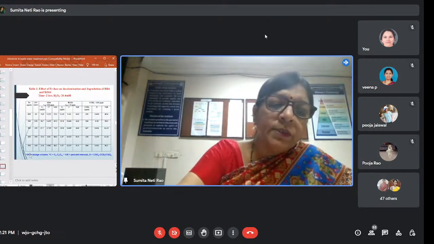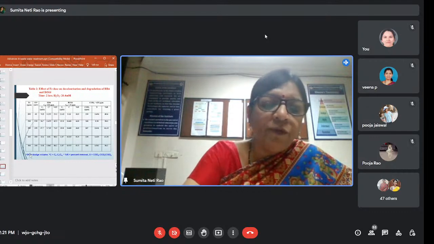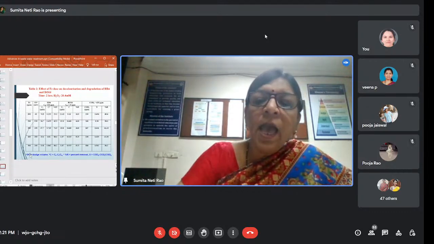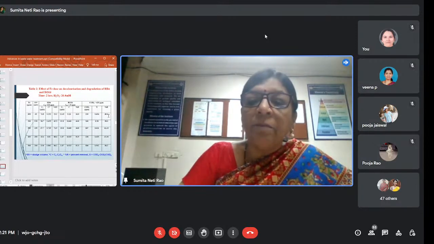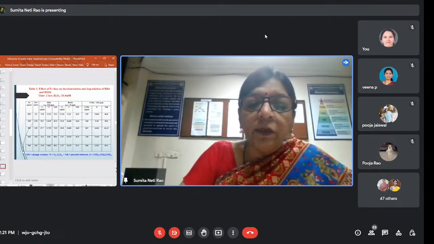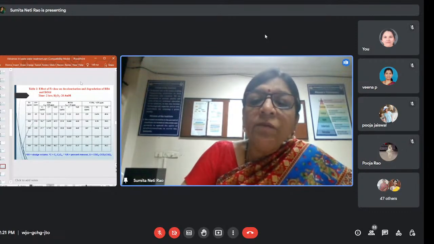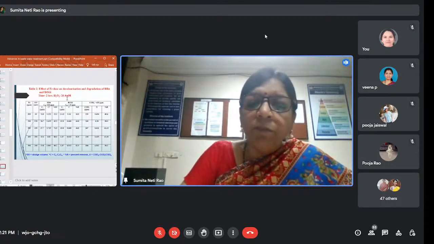The iron dose was varied from 100 to 500 milligram per liter. Here also you can see the maximum reduction that we got was at 500 ppm. At 100 ppm, only this much removal was done. Whereas when the iron dose was increased to 500 ppm, the time was kept constant at 2 hours, and the H2O2 dose was 26.4 millimolar.